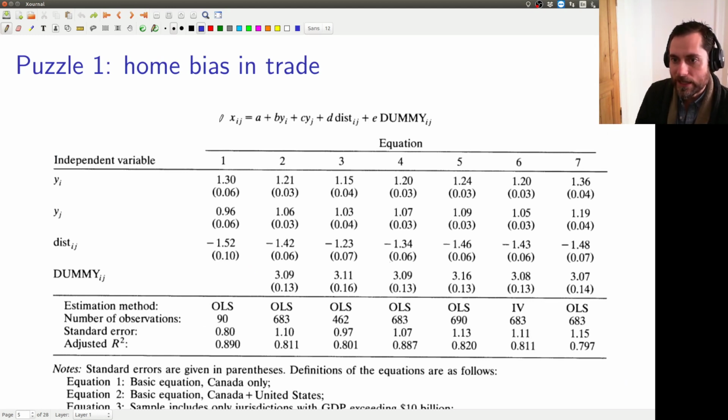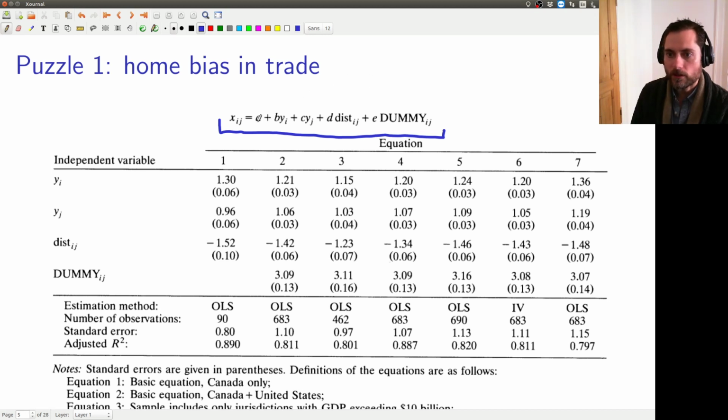This is the specification for the regression. Xij is the amount of trade between i, which could be a province or a state, and j, which could be another province or another state. And this is all in logs. So we're going to have log trade between two provinces or states, a constant term, and then the log of total output in i, the log of total output in j, the distance between i and j, and I believe that's the log distance between i and j.